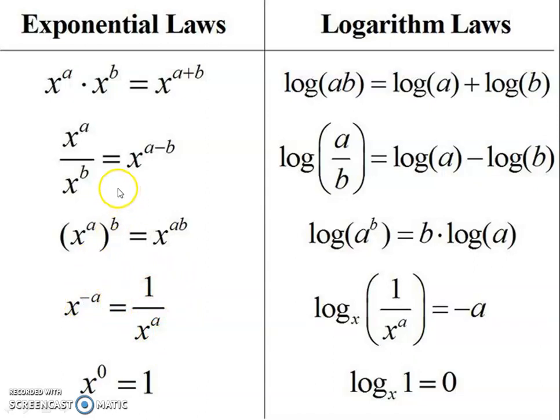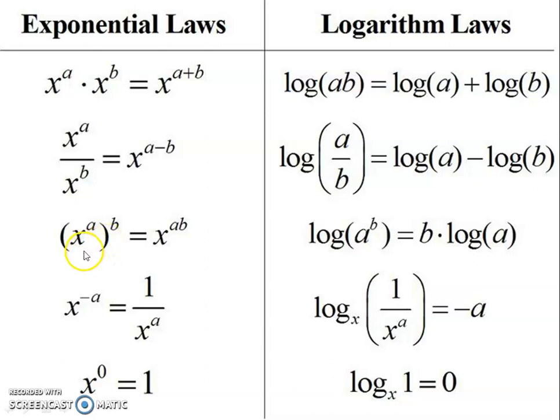Now we discuss the second property that is useful here. x raised to a upon x raised to b, I convert this into x raised to a into x raised to minus b by using this law. The base is the same, so the index numbers are added, or subtracted because minus is there, so we can write x raised to a minus b.